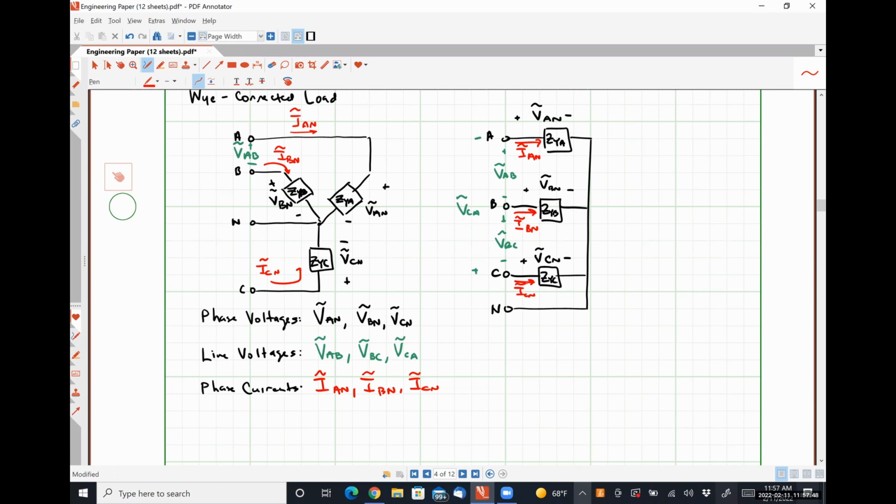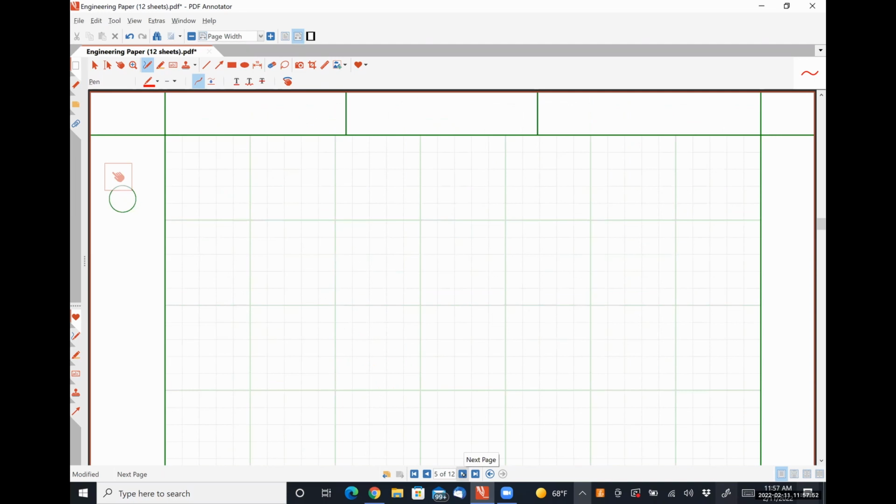All right, so our last permutation is then the delta connected load.